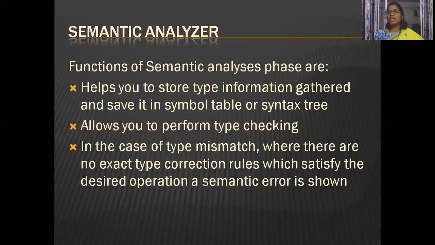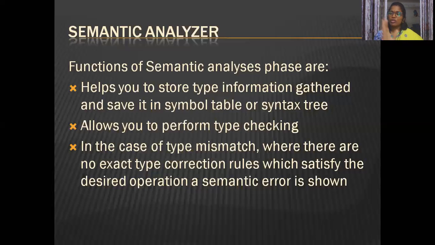Allows you to perform type checking. If it is integer, it holds only integer. If it is float, it holds only float. So semantic analyzer checks the type check. In the case of type mismatch, if an integer is assigned a float value, where there are no exact type correction rules, we have some mechanisms to convert from one data type to another type.